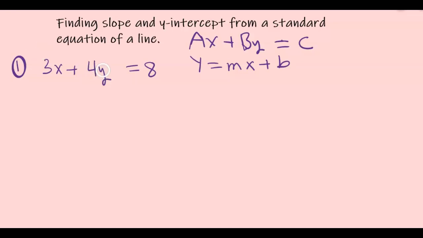That means we have to isolate the y. We have to make the y stand by itself. So we need to get rid of this 4 and this 3.